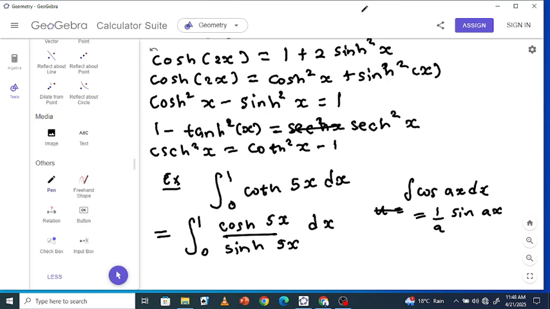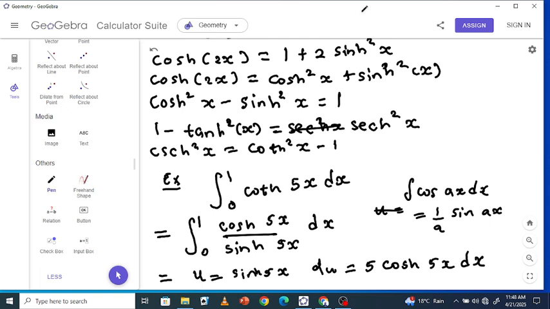We are going to apply that identity here, and in our case we make u equal to sinh 5x. That means du will be 5 cosh 5x dx.